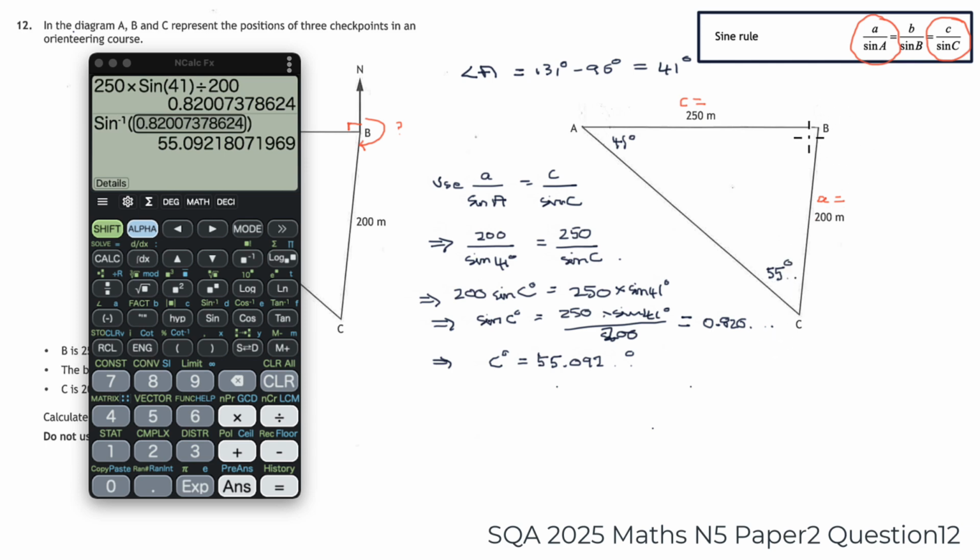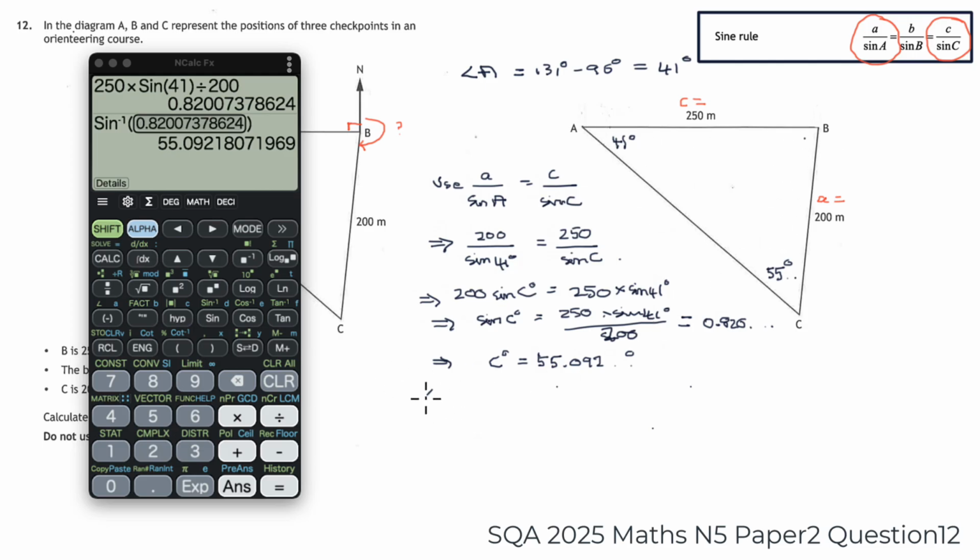So to find angle B, which is the aim of this, remember we're wanting to find this angle up here so that we can finally find this bearing of the point C from the point B. So the third angle in a triangle, the three angles add up to 180.